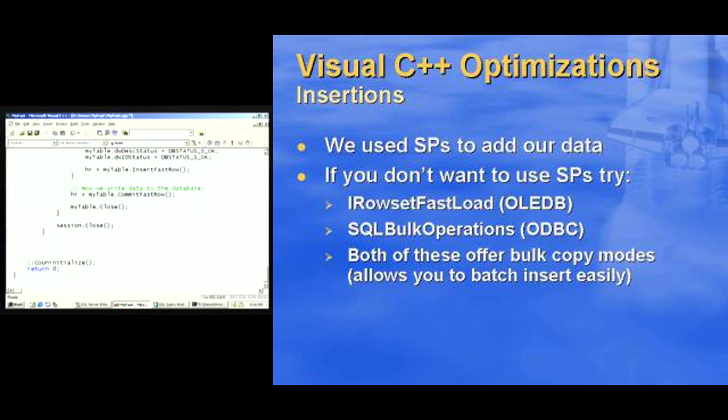And here's one of them. We use smart pointers internally within the consumer template so you don't have to worry about releasing or add-refing all these interfaces running around. But the problem is they only release when they go out of scope. Now, if you look, CoUninitialize is going to get called before it goes out of scope. So effectively, COM is turned off. Guess what happens if you try to release a pointer when COM's turned off? Access violation, right? So what I'm doing here is just forcing this to close.